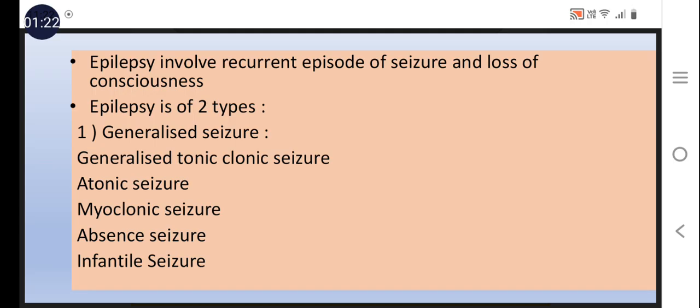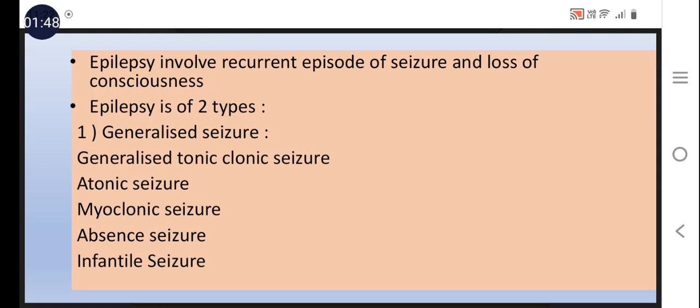Generalized tonic-clonic seizure involves alternate contraction and relaxation of the body. They are also called grand mal epilepsy. Atonic seizure involves relaxation of the body for prolonged duration, and in myoclonic seizure there is a prolonged contraction of the body.